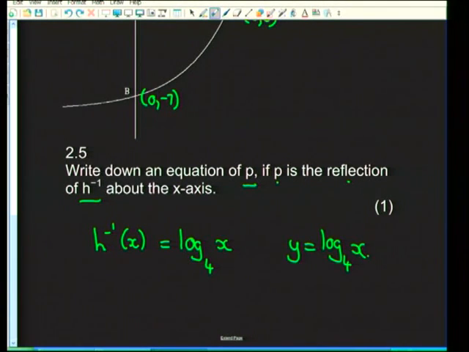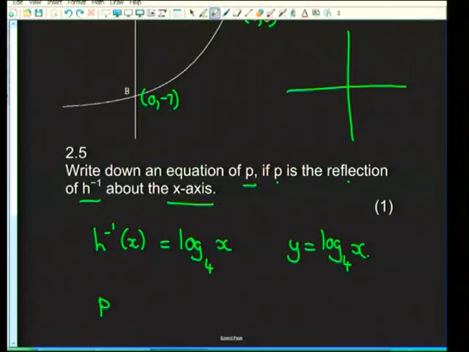Now, we want an equation of P. It's a reflection in the x-axis. Now, the best way, if you want to remember it off by heart, it's fine. But it's not hard to think about it. If you take a little axis, and you plot a point, say, 4, 2. And you say, I want to reflect it in the x-axis. Now, if I do, the x will stay 4, but the y will change to -2.